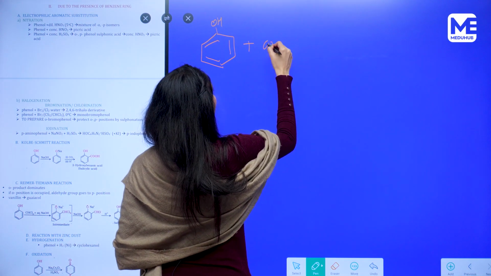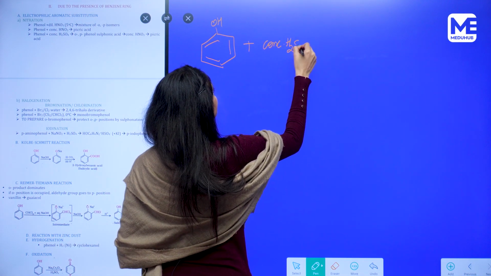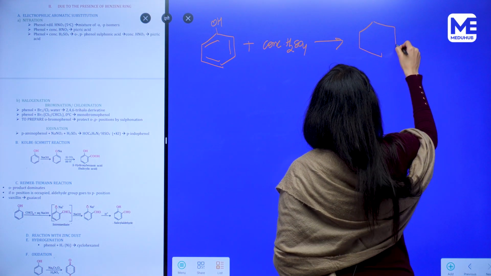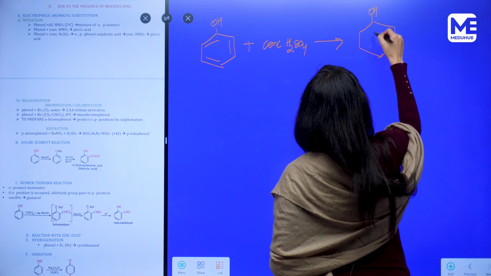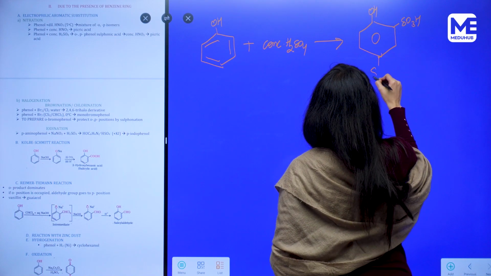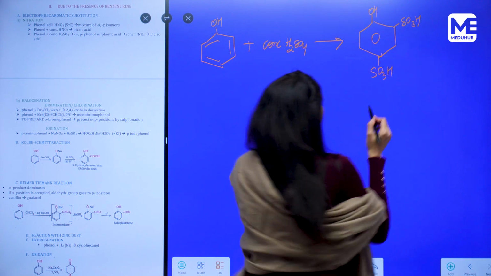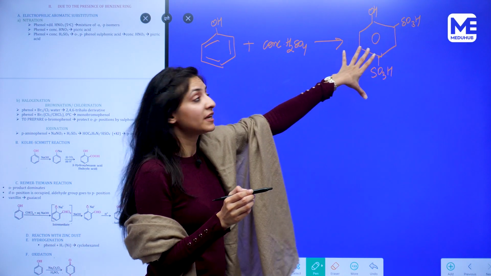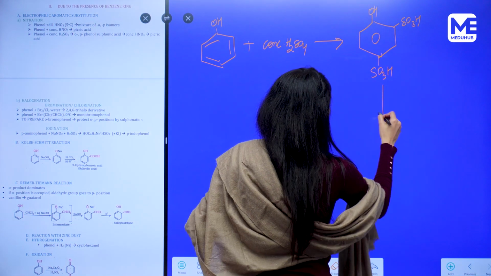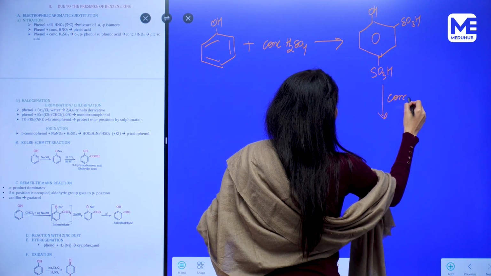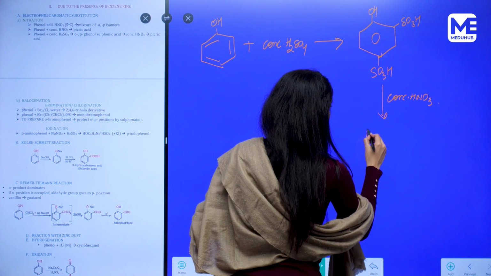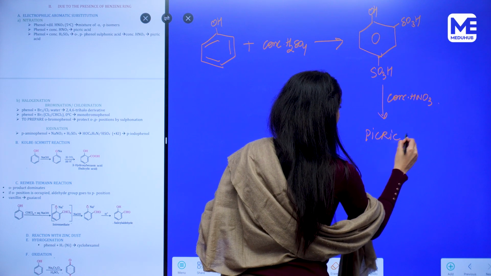Phenol, when treated with concentrated H2SO4, gives us di-substituted sulfonic acid products. This one, when treated with concentrated HNO3, finally gives us picric acid.